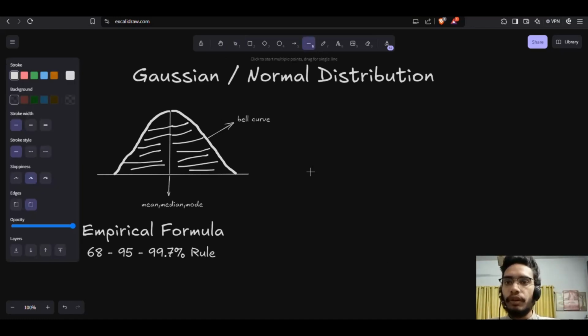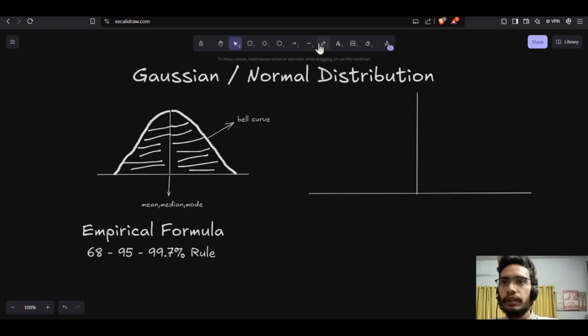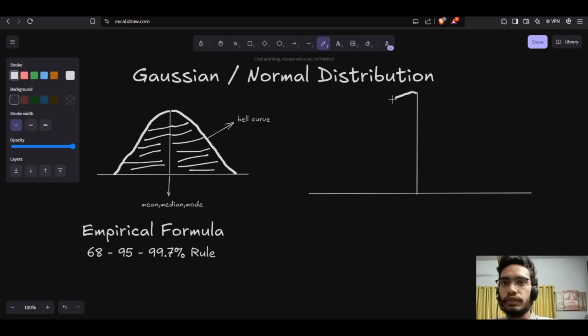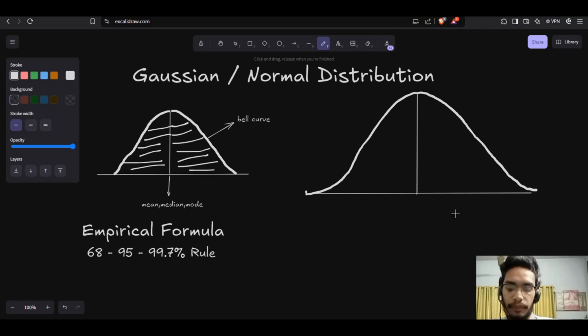Now, let's say I just redraw this diagram over here. I have this mean over here, and I'm just creating this normal distribution. You can see that this is a bell shape and my data is normally distributed here. This is my mean, and this is my first standard deviation.